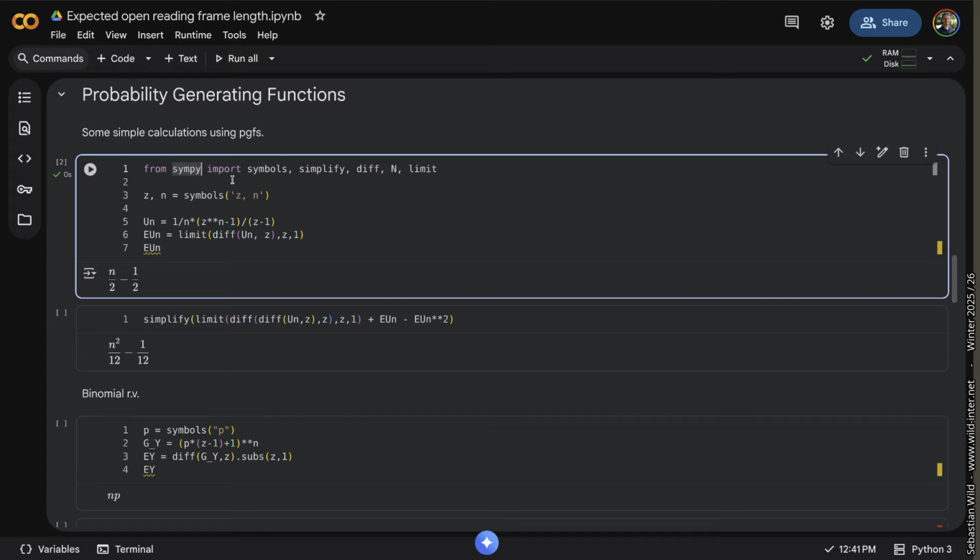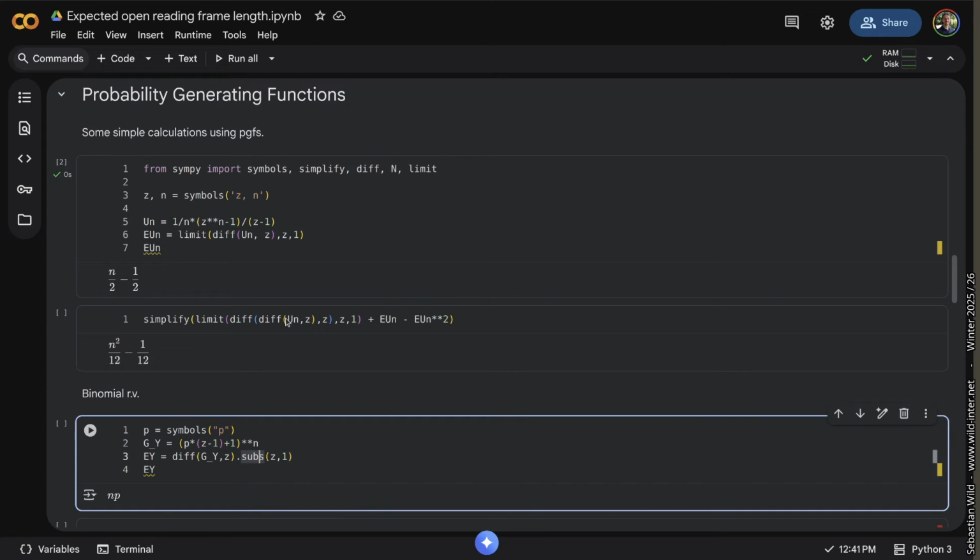There's this symbolic computation module in Python, and we import some functions that we're using here in the next few cells. You have to define symbols. That's what you're working with in the formula, but then you can write down terms in a very natural form, like this generating function here. You just express it as a standard Python expression. And you can take derivatives and you can set things to 1 with the subs function that we've seen last time and is used here as well.